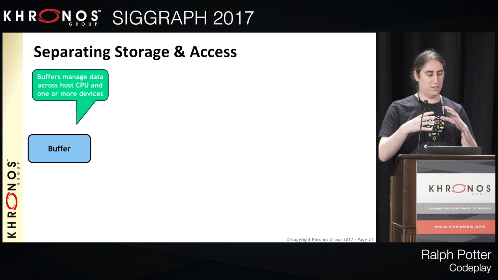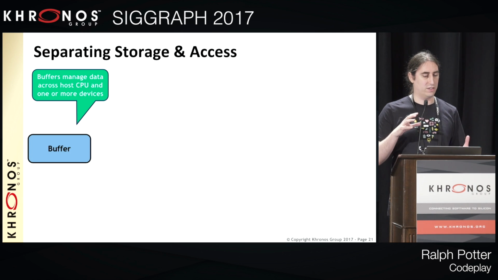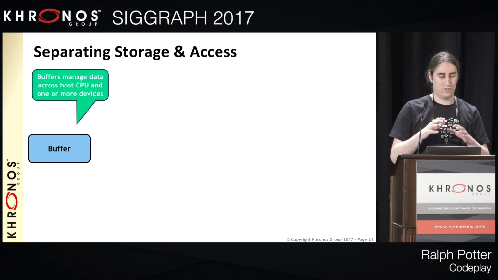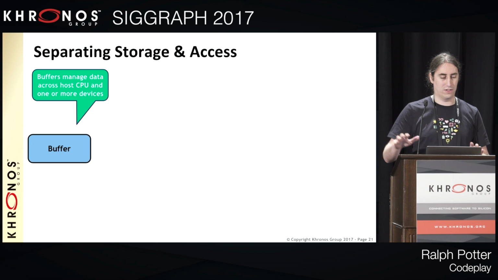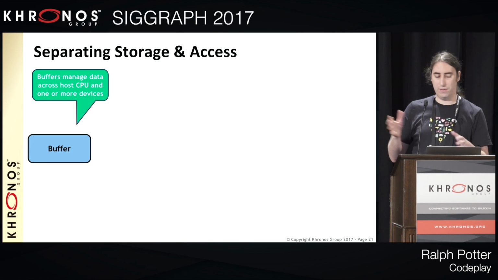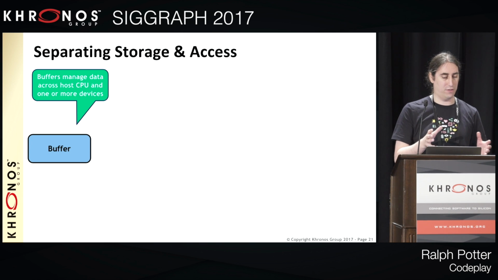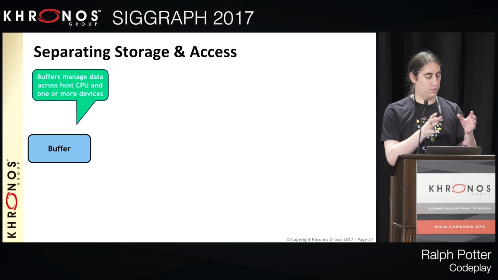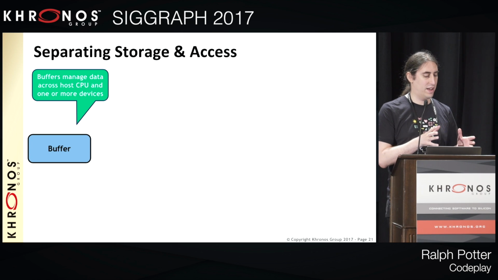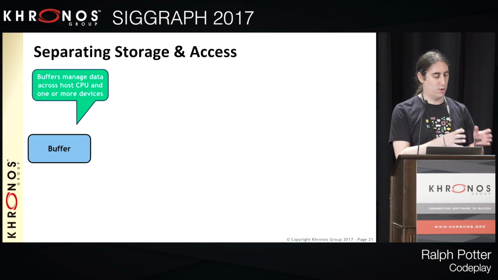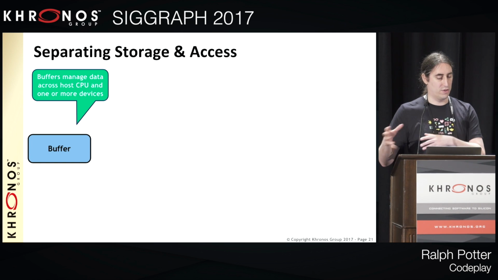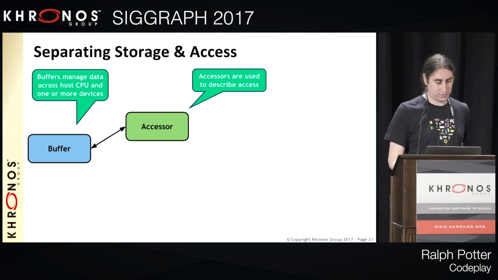So one of the key points about SYCL and how it manages your data movement is we're separating storage and the characteristics of your access. So you have some data, you wrap it in a buffer, and once you've wrapped it in that buffer, that's going to manage whether the runtime puts that on a GPU, whether it leaves it on the host, whether it needs to move it around.